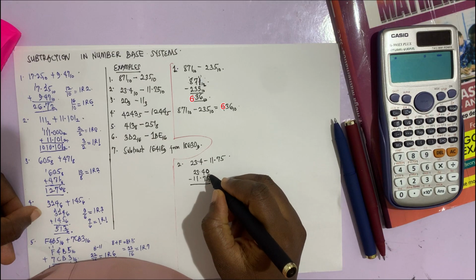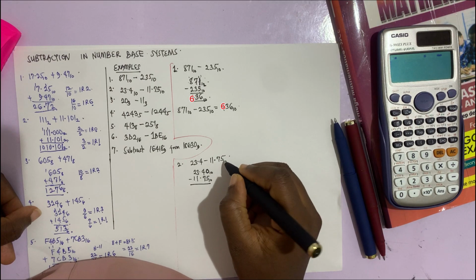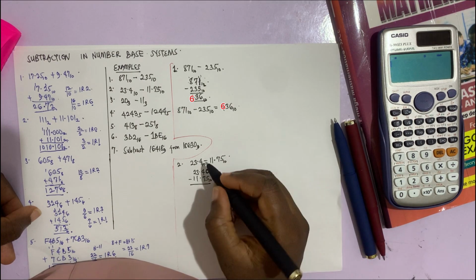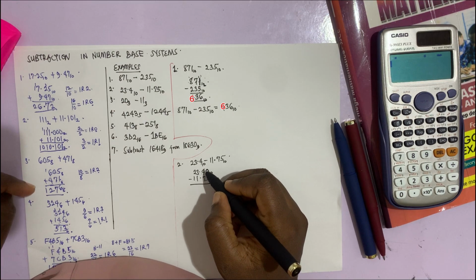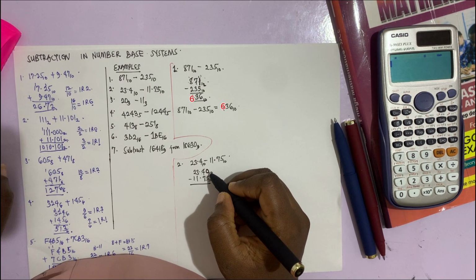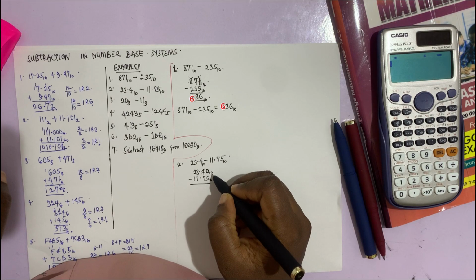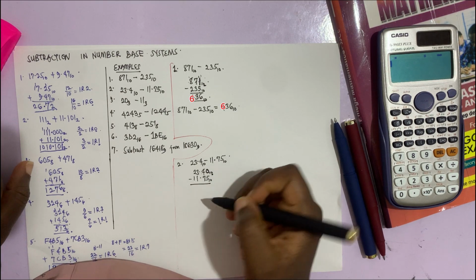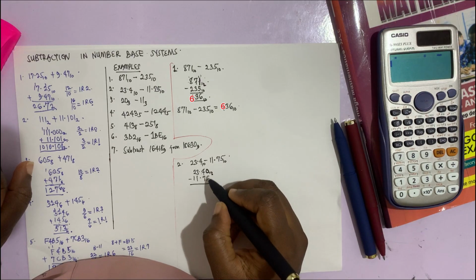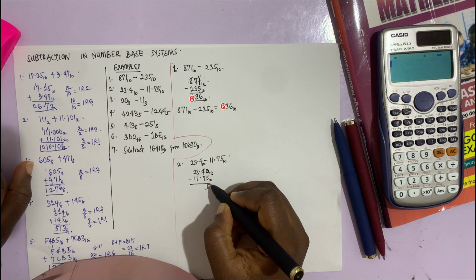So note that this is in base 10. So we are going to borrow 1 from 4, but when it comes to adding it here, we are actually adding the base 10 to it. So 10 plus 0 will give us 10. So 10 minus 5 will give us 5.